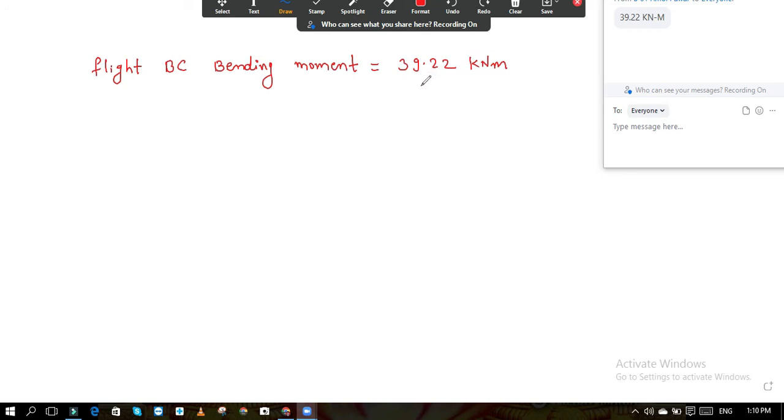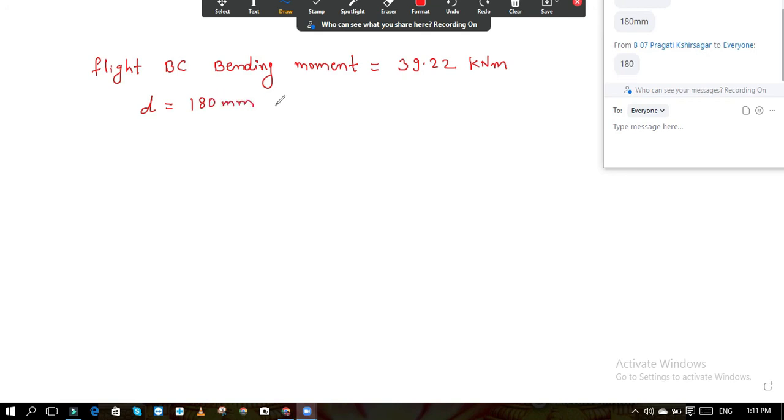So what was the effective depth of the waist slab? What depth have we provided? Effective depth and overall depth, both the values. 180 mm is the effective depth.